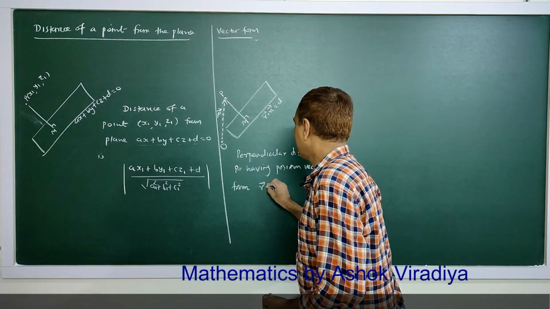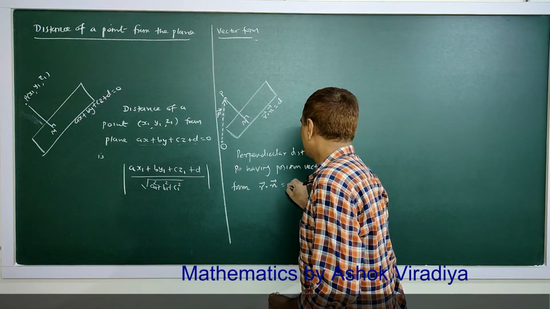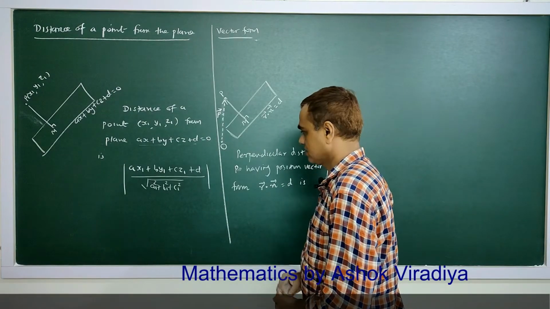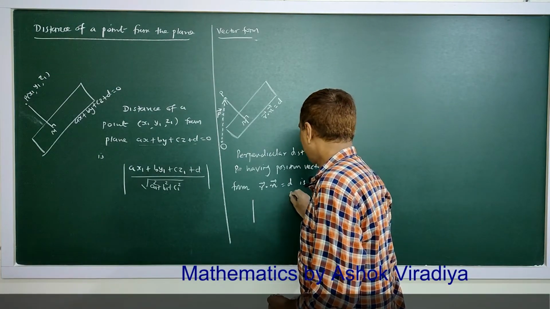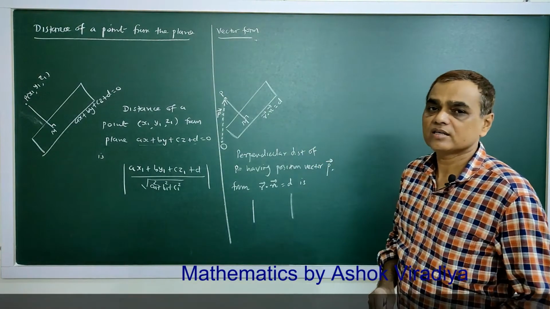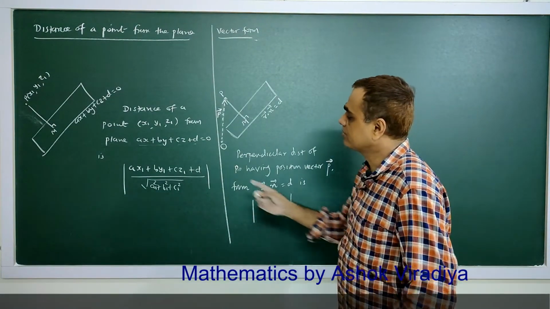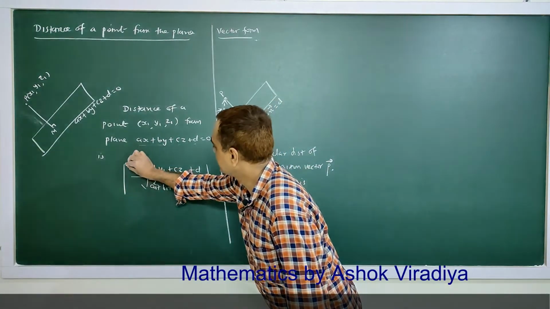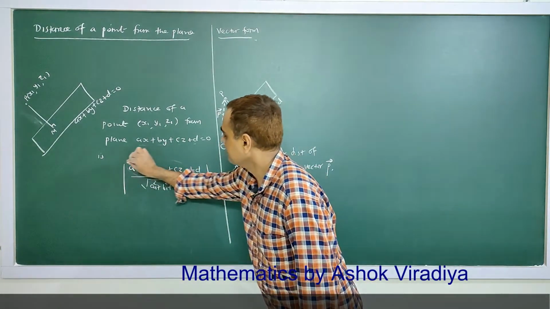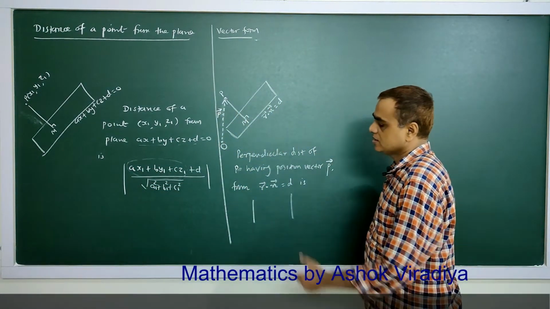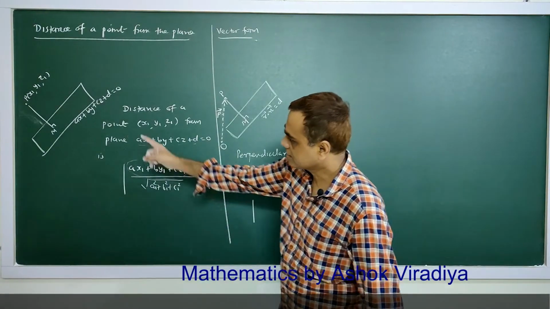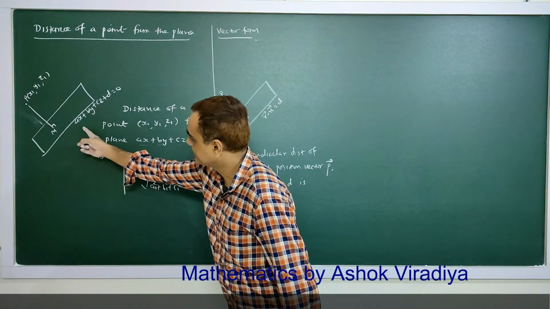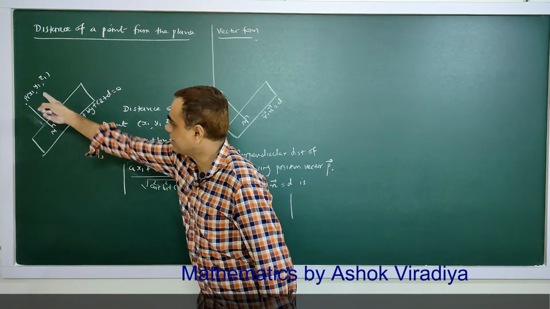plane r vector r dot n equal to d is, see, modulus of, you can learn or you can memorize from this form. Now see, observe this part. So what is it? It is a dot product of vector n and vector p.